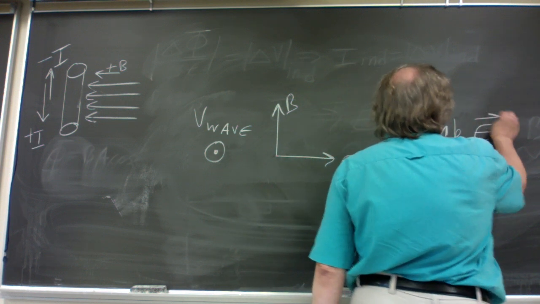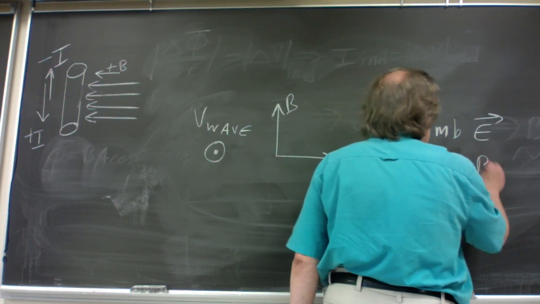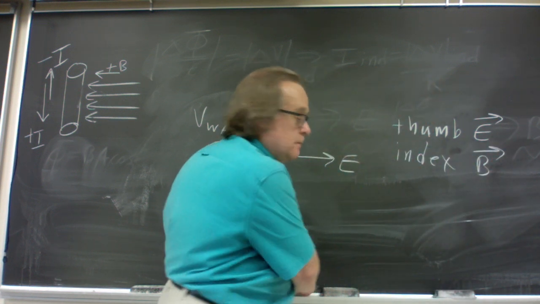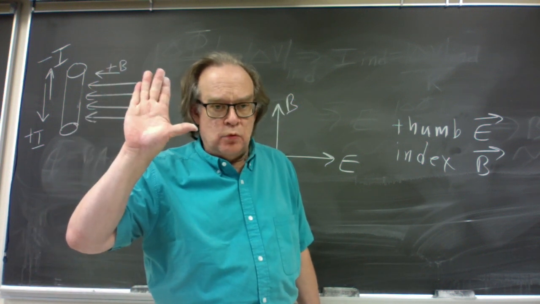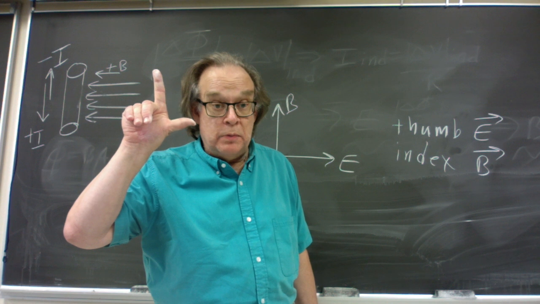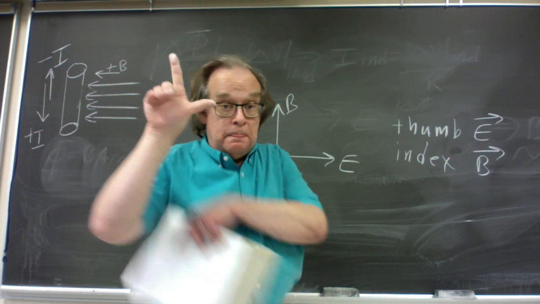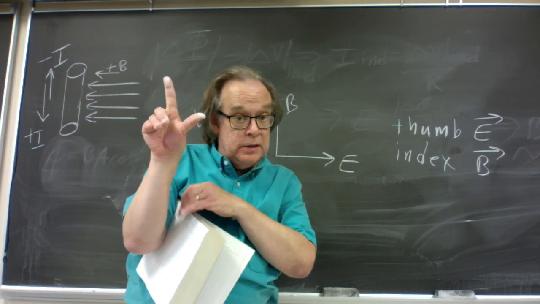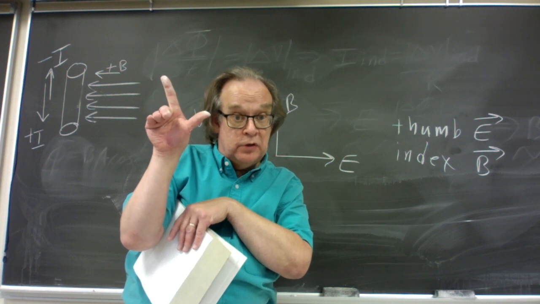Point your thumb in direction of electric field, index finger in direction of the magnetic field, and then rotate your other three fingers so that they're perpendicular to both the electric field, thumb, and the magnetic field, index finger. And then when you do that, your fingers will point in the direction of velocity.